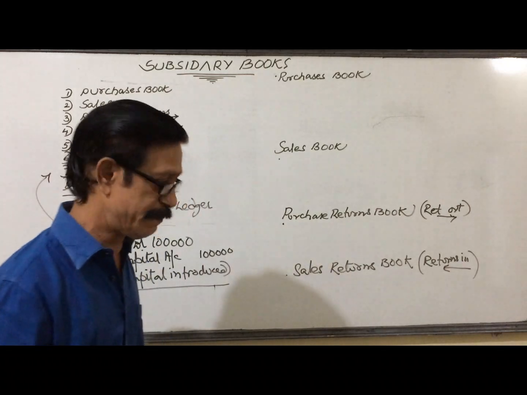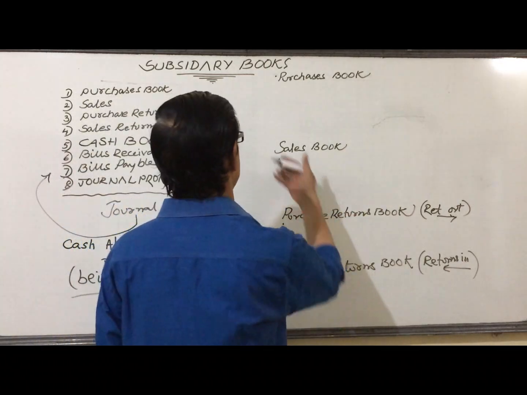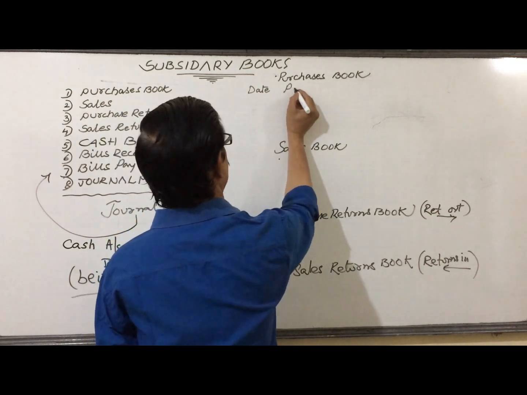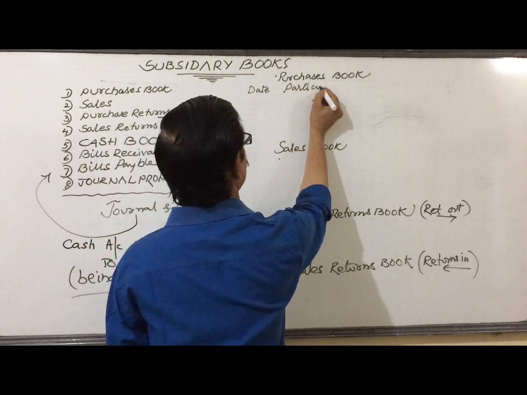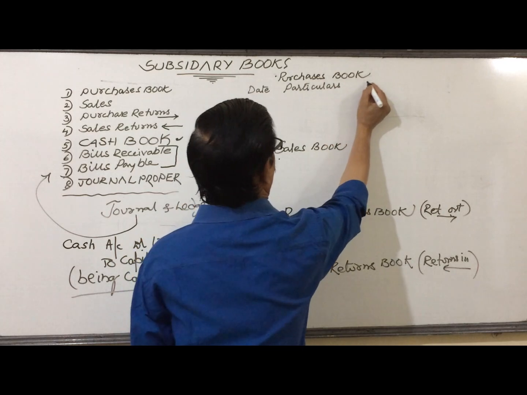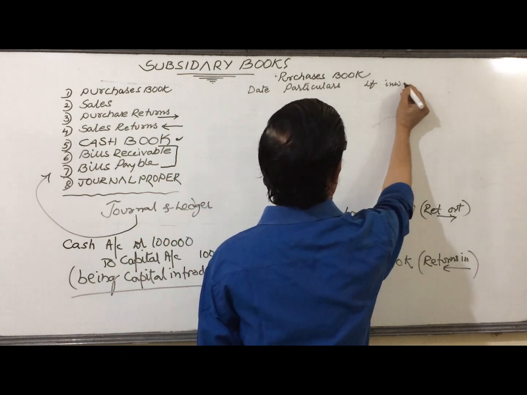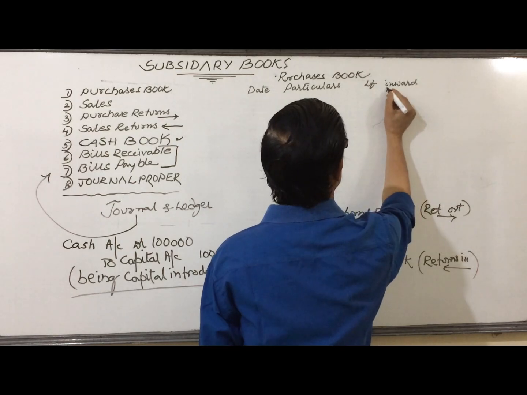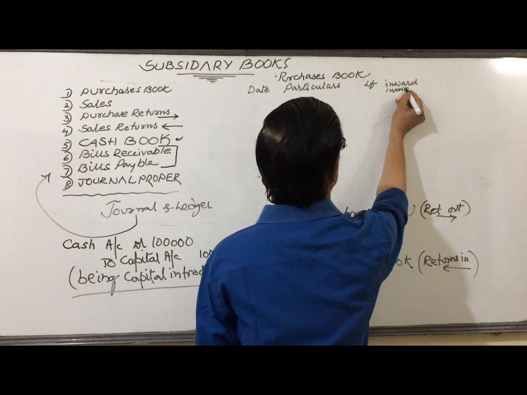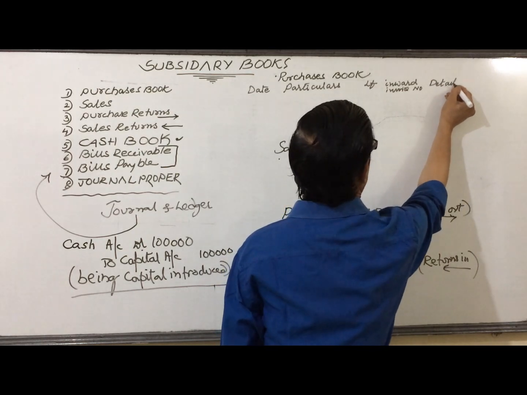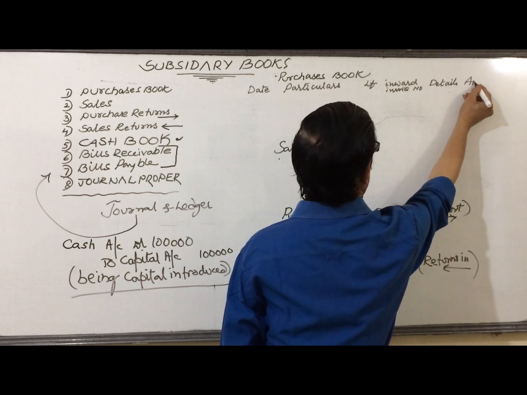Well, dear students, all these books are divided into columns: first date column, particulars column, LF column, inward invoice number, details column, and the last one is amount.